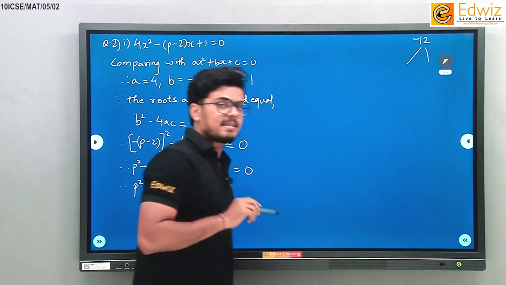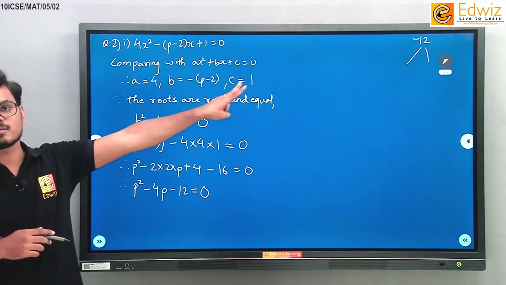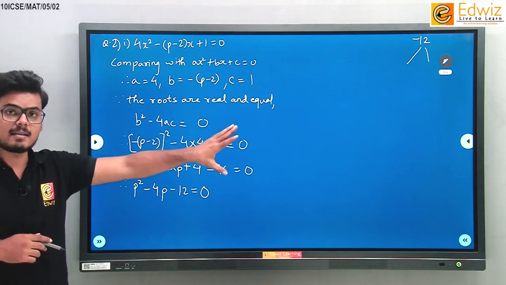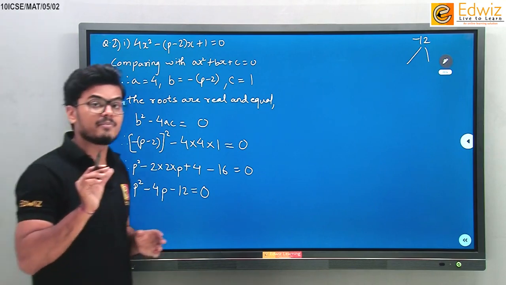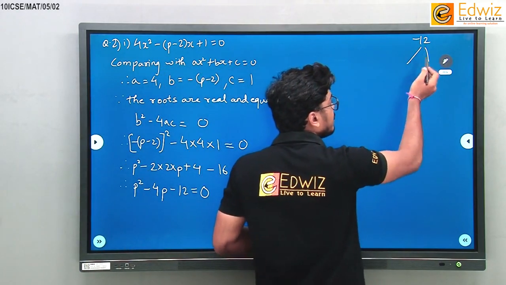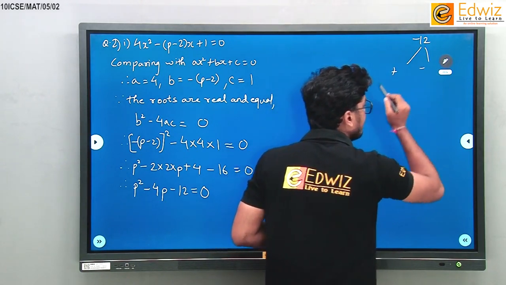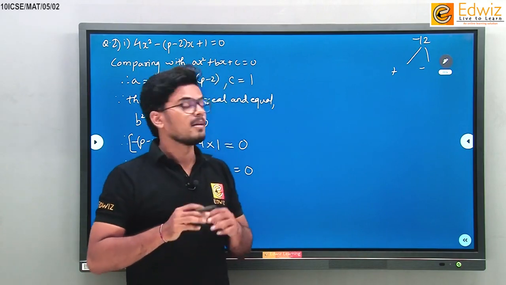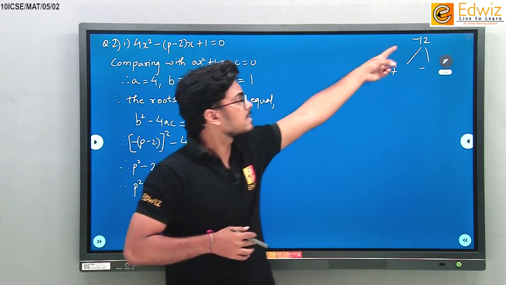Now the next step for the factorization of this, you have to find out 2 factors of minus 12 such that the difference between them will be minus 4. Why did I say the word difference and not addition? Because if it is a negative number, in its factors obviously one factor will be positive, one will be negative. Okay? If one is positive and one is negative, only then their multiplication will be negative.